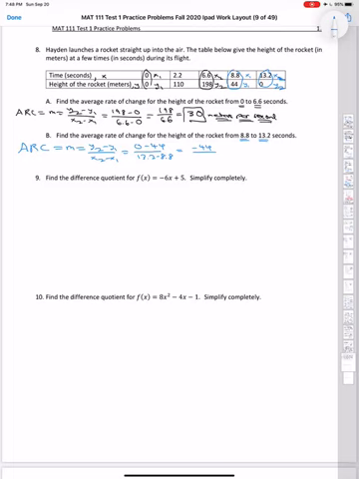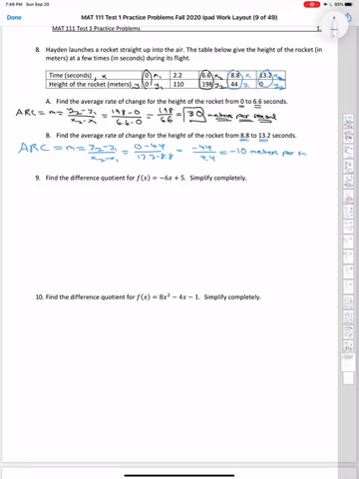So as we subtract those 2 values, what is 13.2 minus 8.8? I get 4.4. Now what's negative 44 divided by 4.4? I get 10, so that's negative 10. So this is negative 10 meters per second.